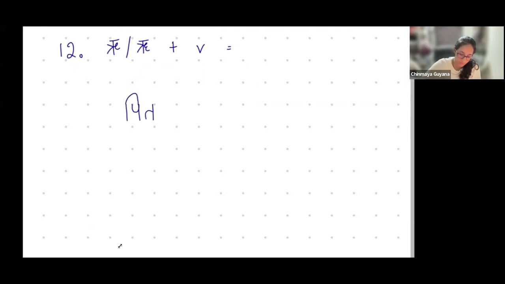Pitru, fathers. Agnya, command, wish, like that. So here you have a r meeting an a. What's going to happen is this r is going to change into a r halant.